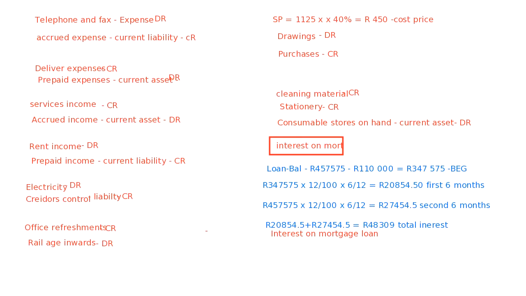The other account. No, I'm talking about this one that we're talking about, the mortgage loan. Remember, this interest is outstanding. So the two accounts will be interest on mortgage loan.